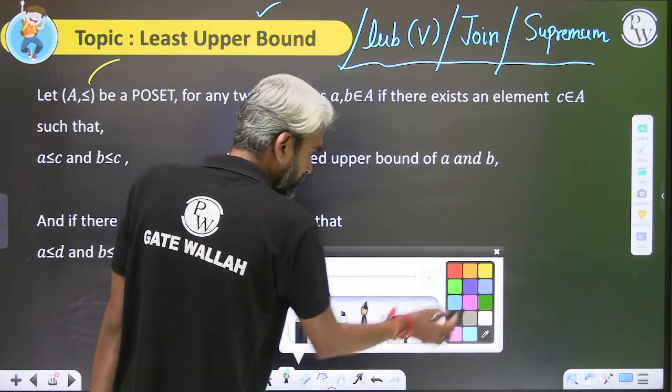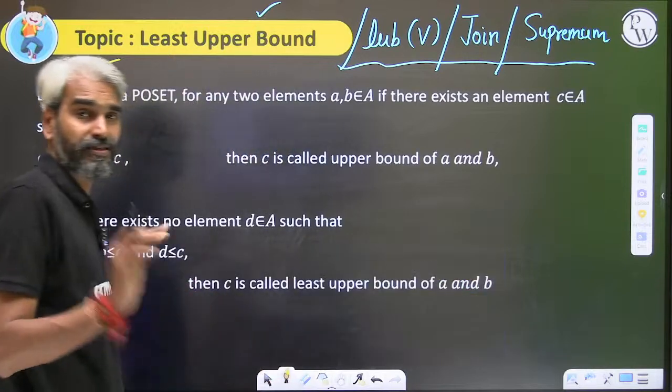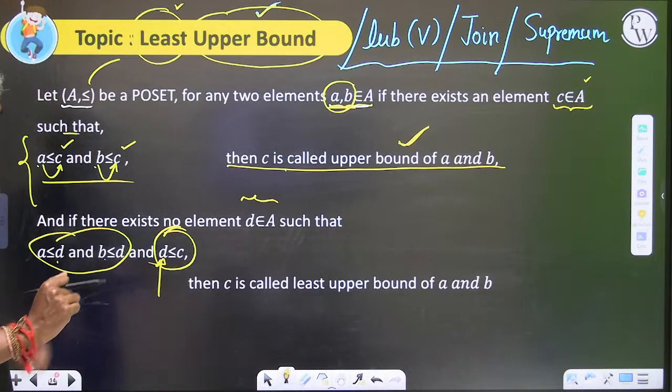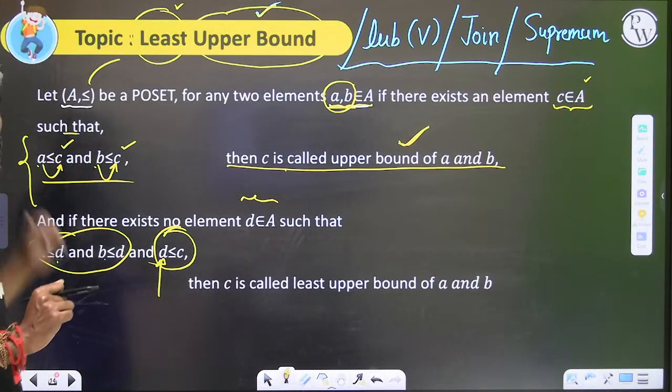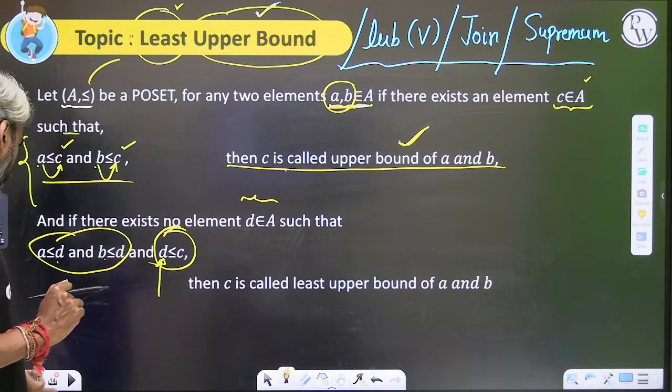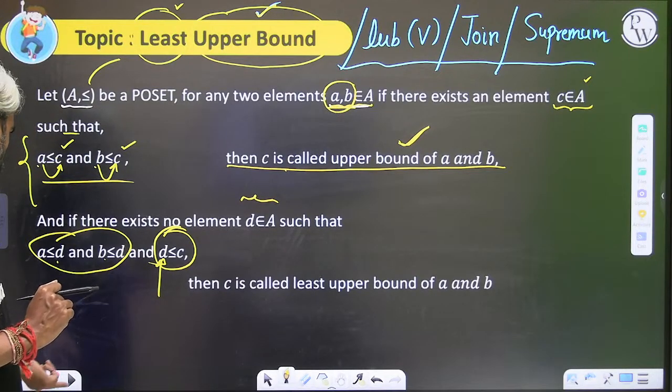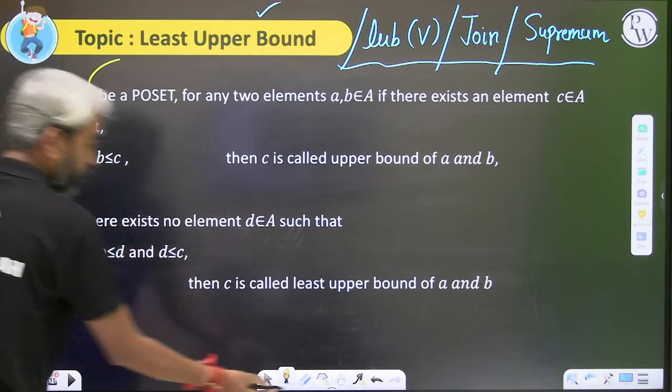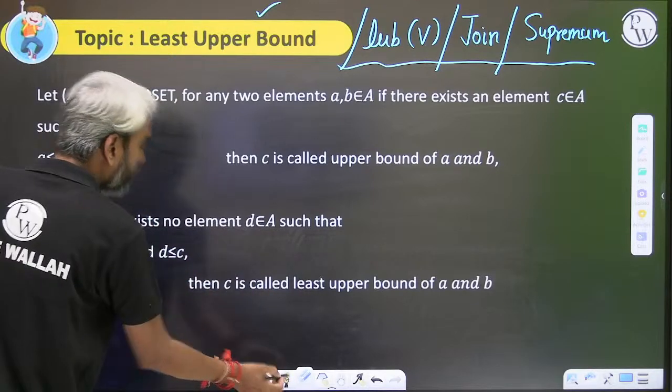I tried to explain the concept in terms of less than equals to, because it is very easy to visualize that yes, C is on the upper side of A and B. But what actually will be the scenario for a random relation R?